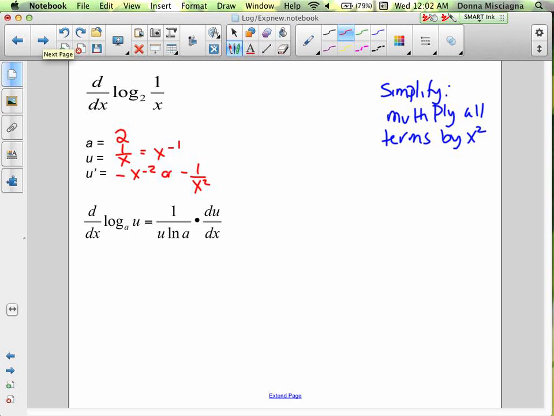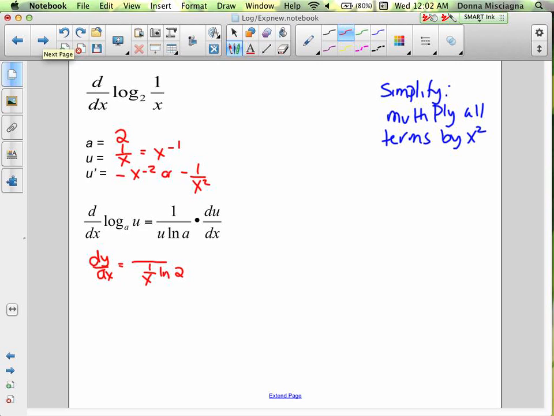Now we're going to use that rule to take the derivative. I'll just call it dy dx since I don't have f of x in there. So dy dx equals, in the denominator, we have 1 over x times natural log of 2.